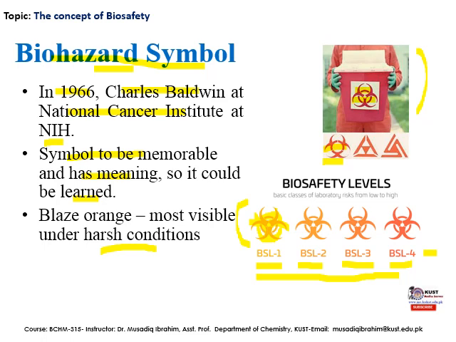One circle represents the agent. The agent can be the pathogen, the bacteria, or the virus which can cause the infection. The second circle stands for the host. The host can be a lab worker, a member of the general public, someone working in the lab, or a researcher.